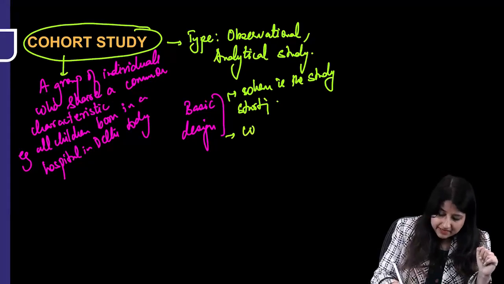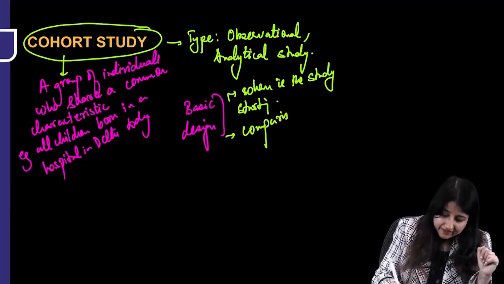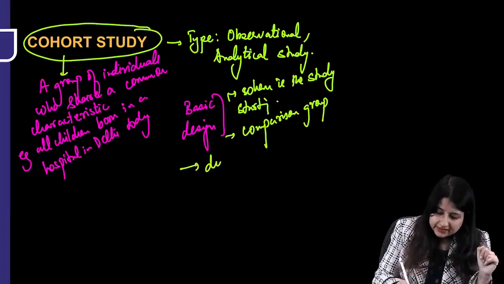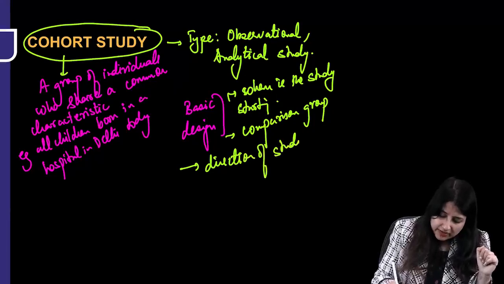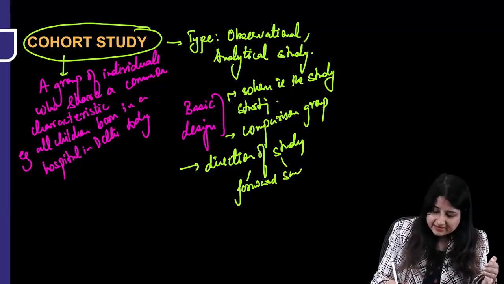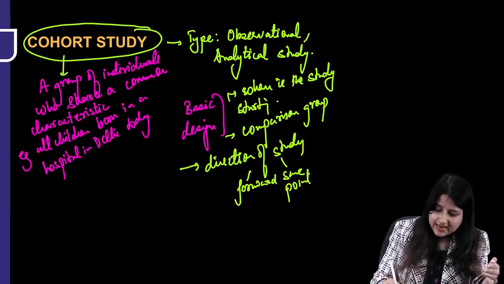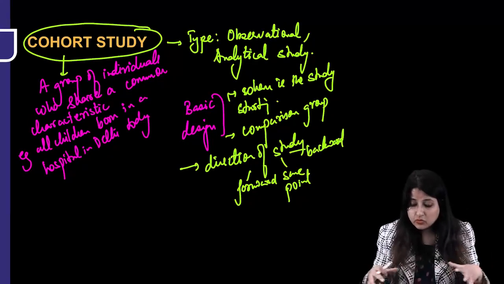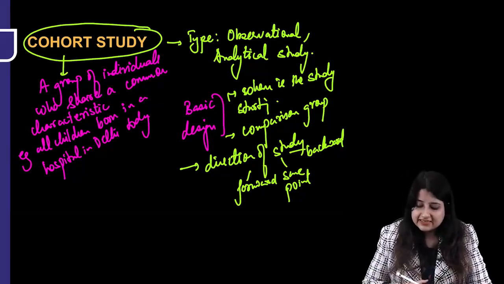What are you comparing? You will see whether we have a comparison group or not. And the third thing you're going to see is the direction of study. Are you going forward? Are you at the same point? Or are you going backward?